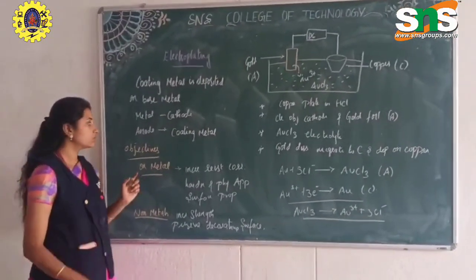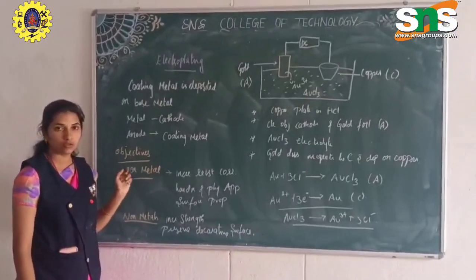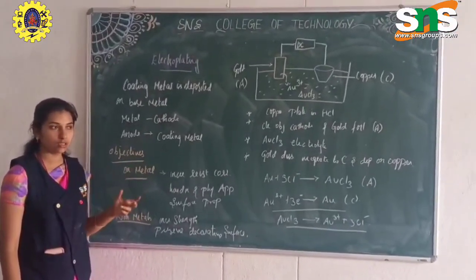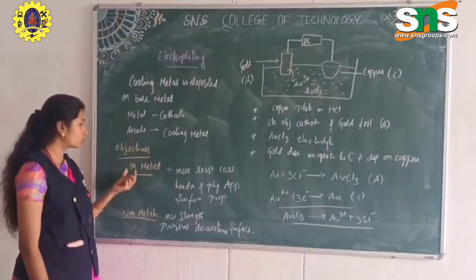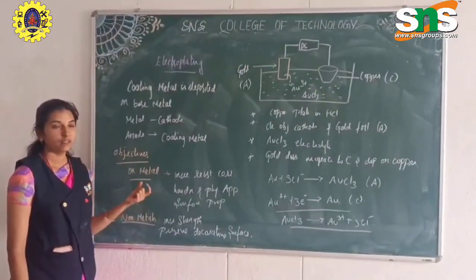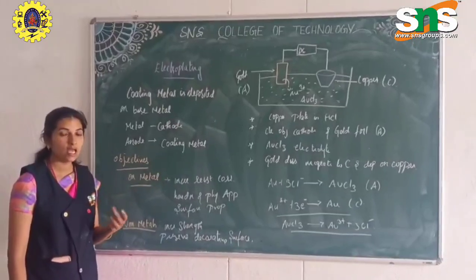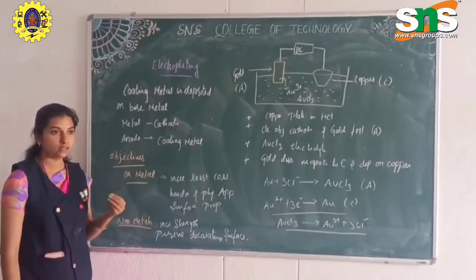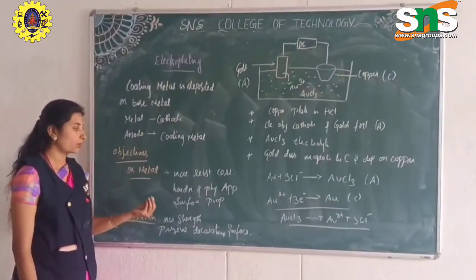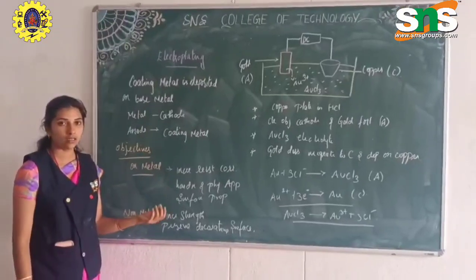From this, the objectives of electroplating by using this coating are as follows. Coating on non-metal groups should improve their corrosion resistance and wear resistance, and give better hardness and physical properties.